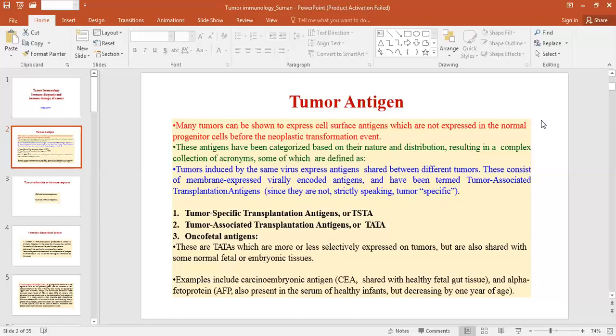So there are two groups of antigens. One is the tumor specific group, tumor specific transplantation antigen, TSTA, and tumor associated transplantation antigens, or TATA. The third one is the oncofetal antigen.